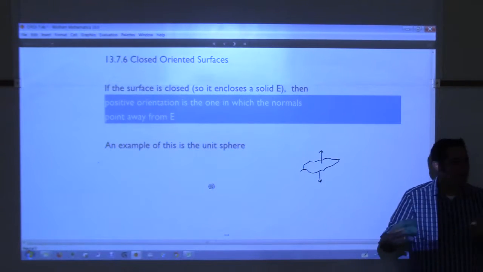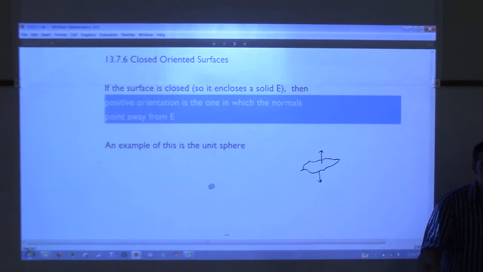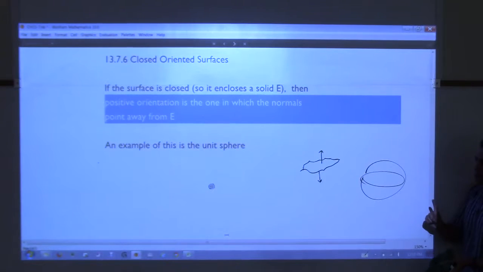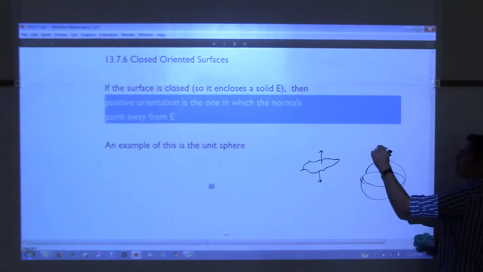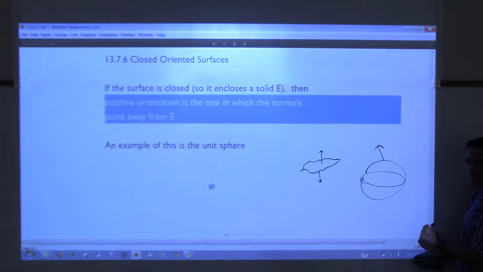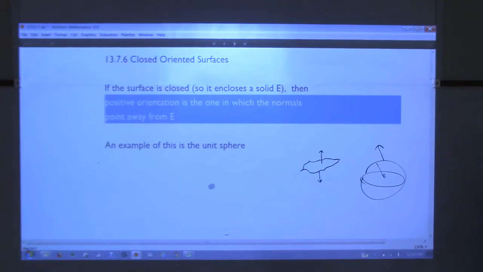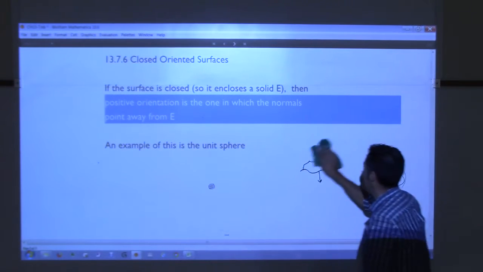We could argue back and forth all day because it's really up to you and me to determine what we want to call positive and negative. But once you close the surface up, like a sphere, now there's no arguing. Positive orientation goes out, away from the solid, and negative orientation goes into the solid. All right? And we don't discuss it. It's just understood. That's the way it is.